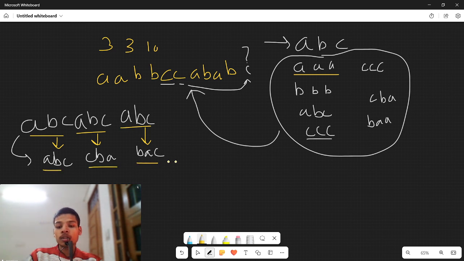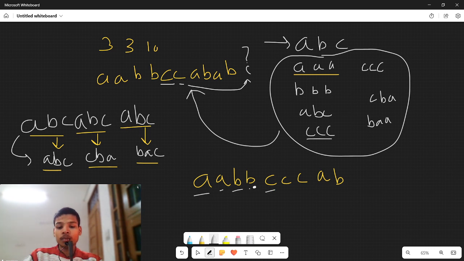ABC, ABC, or I can make it permuted also like CAB or BAC, but it should be at least 3 times, in continuous order. But if I have something like ABC and C and then A and B, now you will say that here is A, here is A, here is B, and here is C.